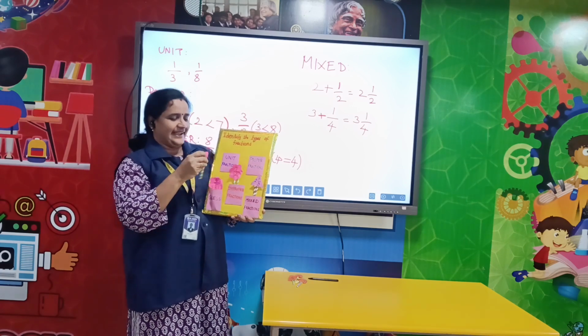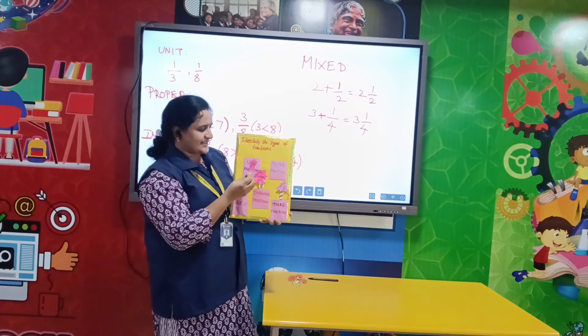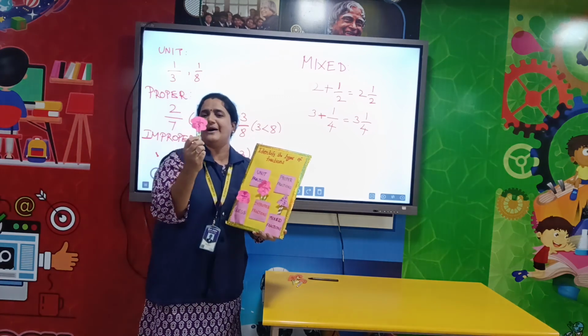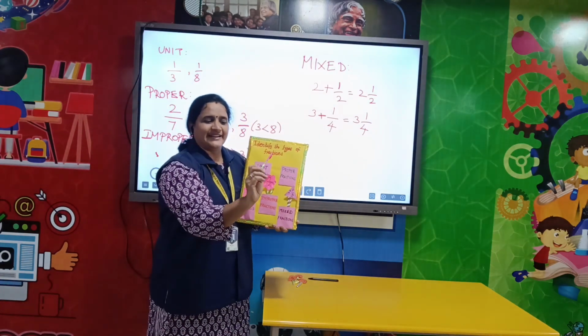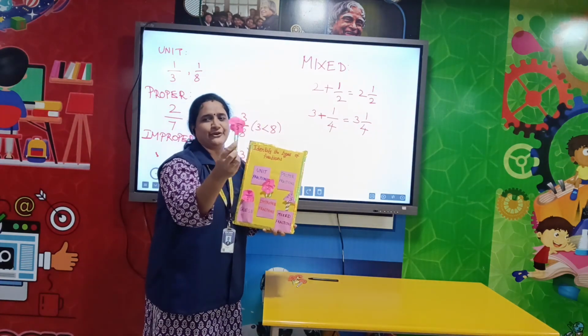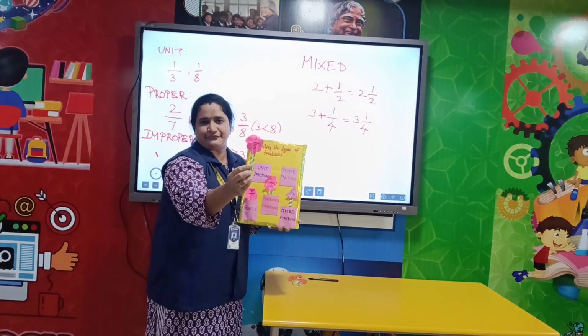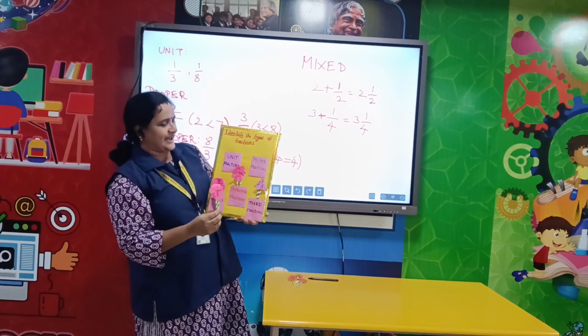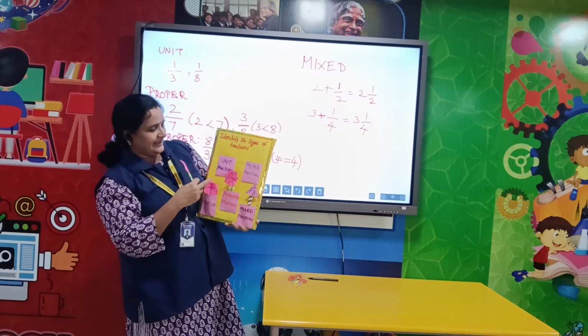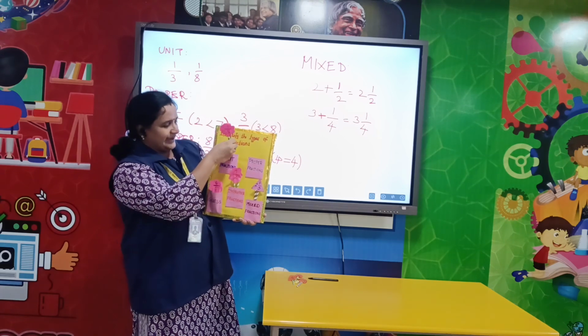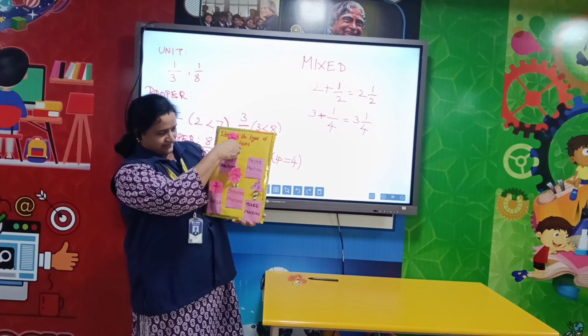Next. Yes, what is this? What does this flower say? It is 1 by 5. By seeing this number itself, you are able to identify that. Yes, 1 by 5 is a unit fraction. Now you can see where is the basket for unit fraction. Yes, it is here. So we can drop this into this basket.